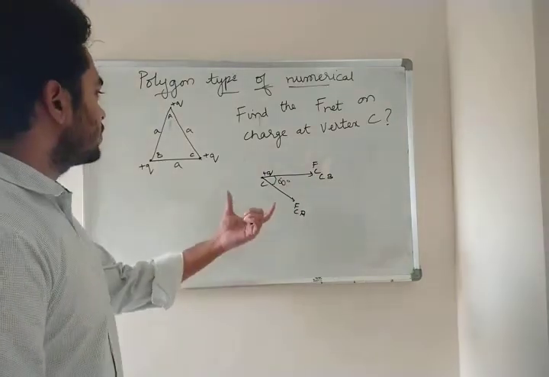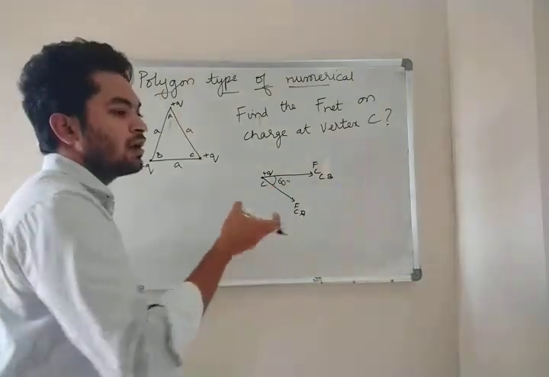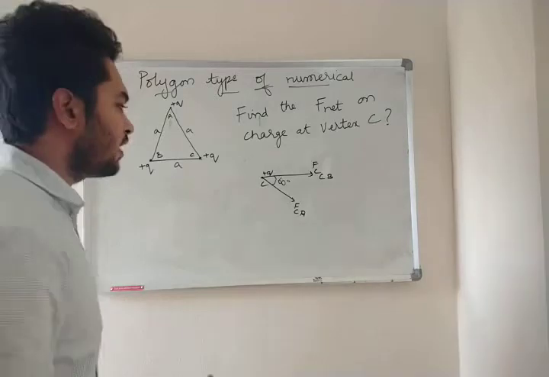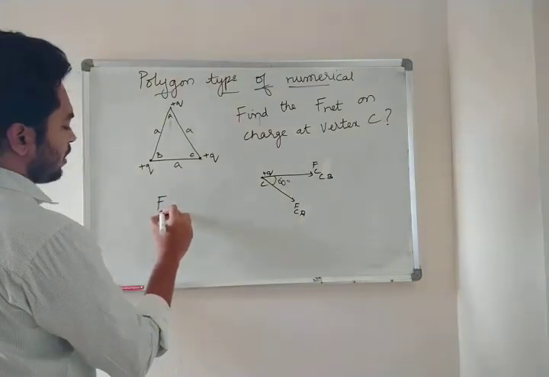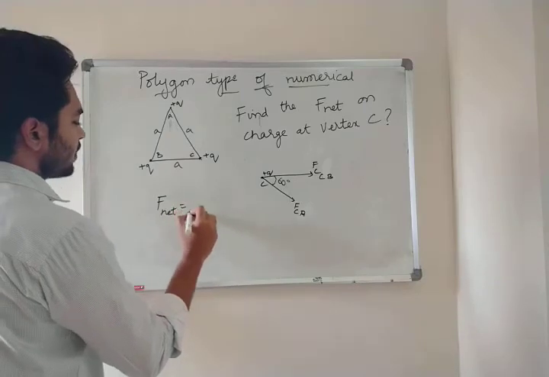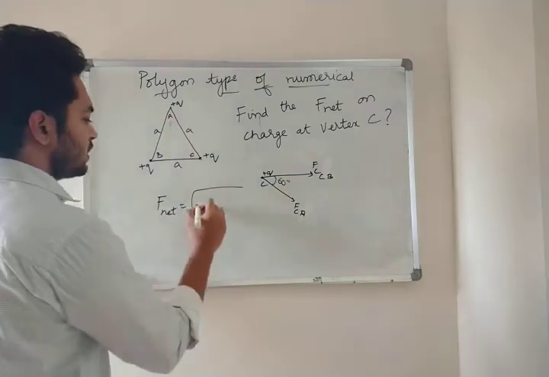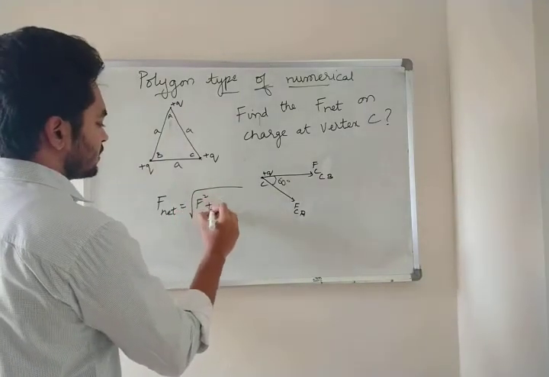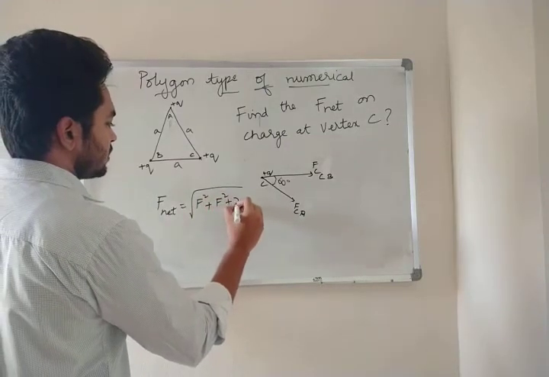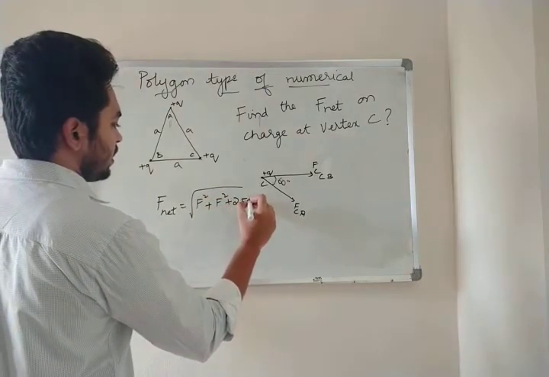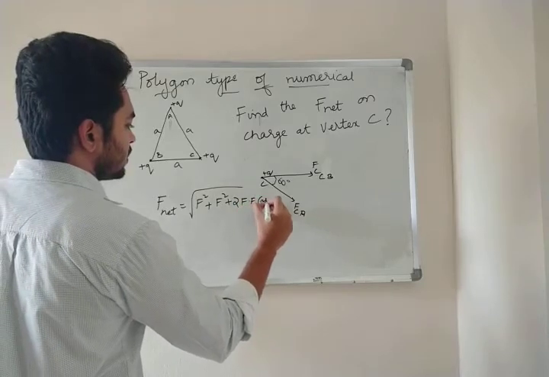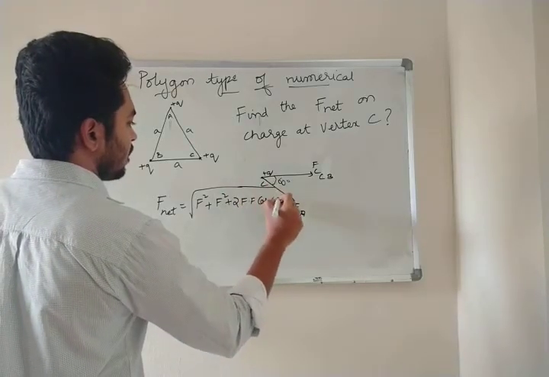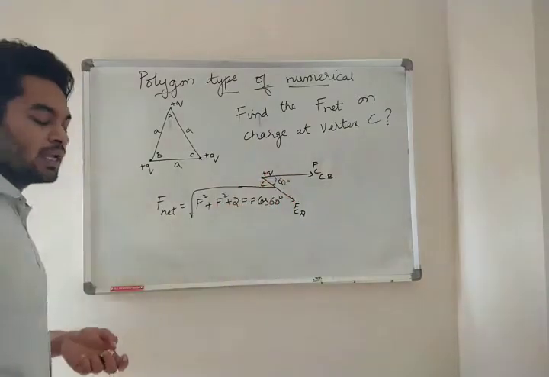Now you have two forces and you have to find the resultant. How do you find the resultant? F net is equal to under root F square plus F square plus 2F into F cos 60 degrees, because your angle is 60 degrees.